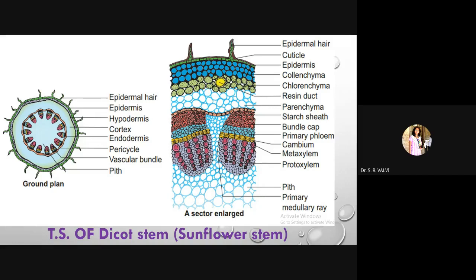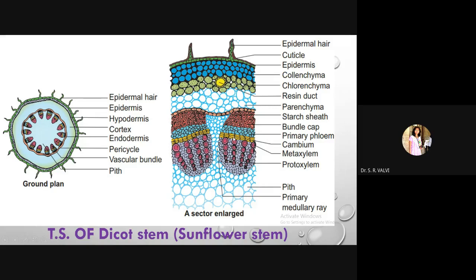Okay, are you observing this? Metaxylem towards periphery and protoxylem towards center. The function of this xylem is again the conduction of water, and phloem again the conduction and storage of food material. Cambium again gives xylem towards inside, phloem towards outside.